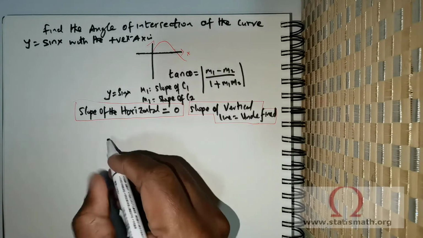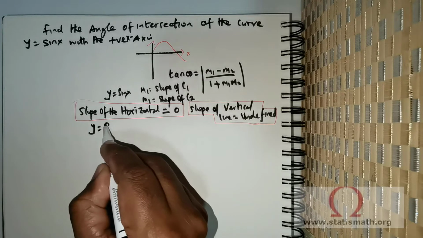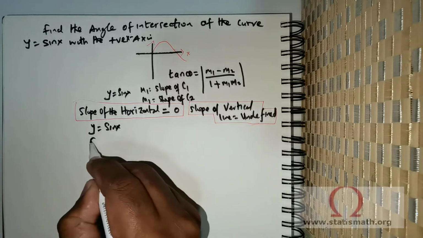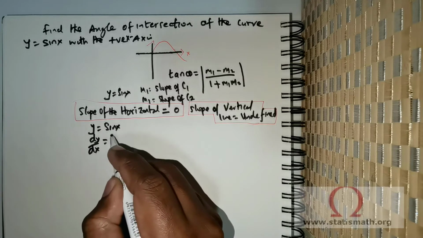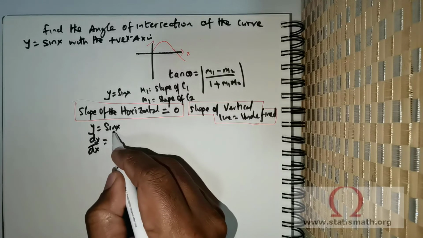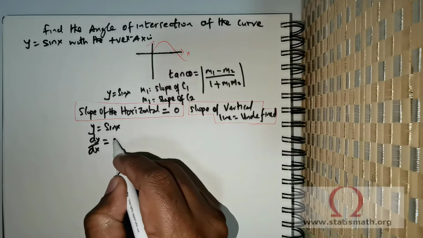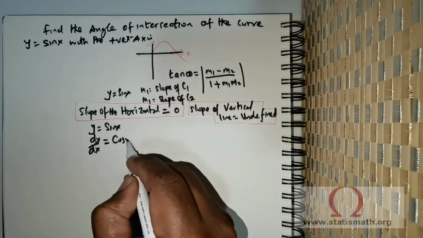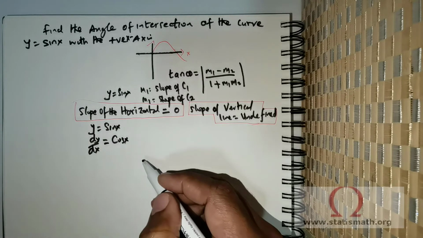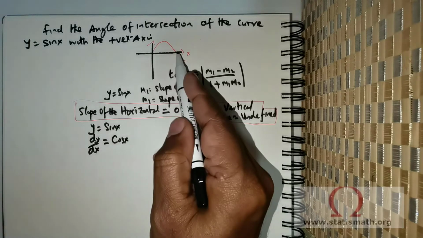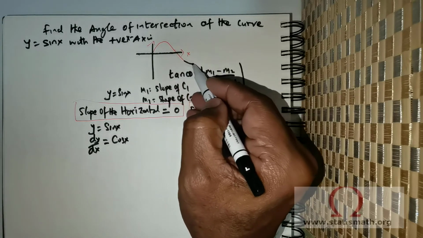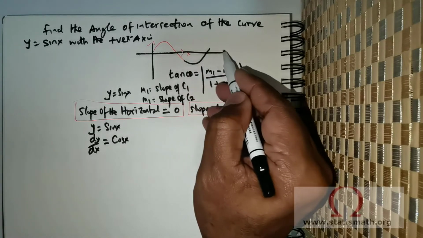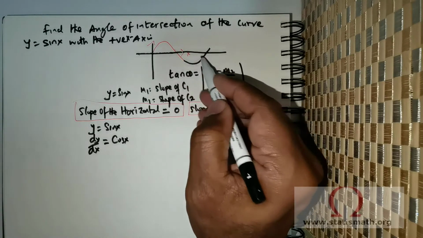Okay, having obtained it, now let us consider y equal to sine x and find the differentiation dy over dx. When you differentiate sine x, you would get cos x. Now, you have to know that the curve which I have drawn here will rise up like this, and there would again be an intersection.